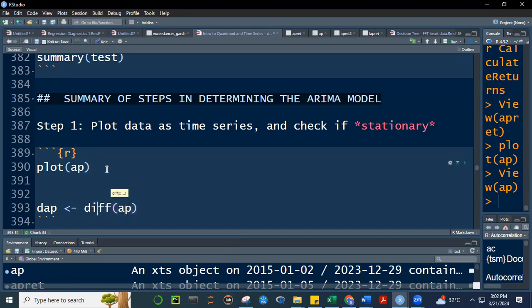Then I will remove the first value because it's NA, using na.omit. And then I'll just plot it.